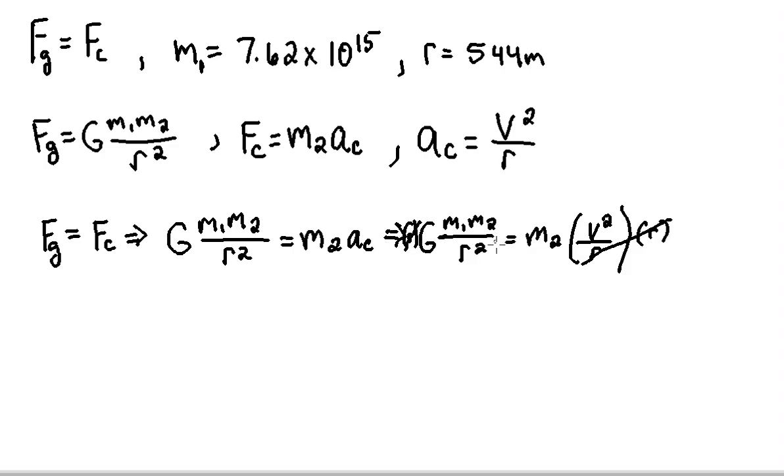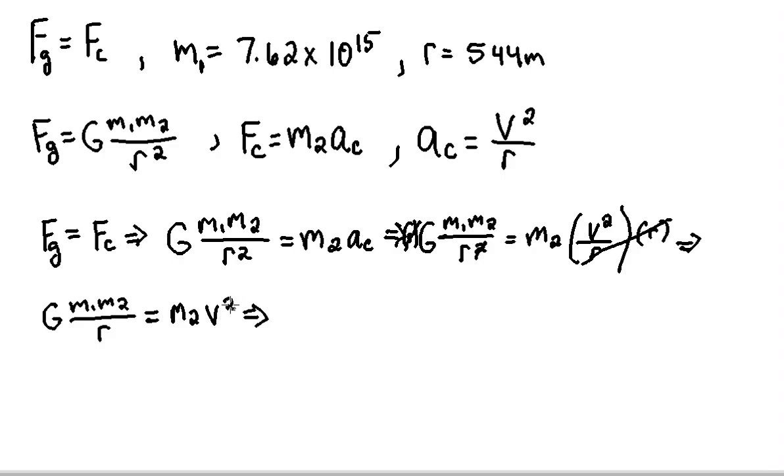This r is going to cancel out with this r. And we're left with Newton's gravitational constant times the product of the masses divided by just the radius, because this r canceled out with the r squared, equals the mass of the object in orbit times the velocity squared of that object. We're looking for orbital velocity. This is tangential, but we'll treat the two as the same.